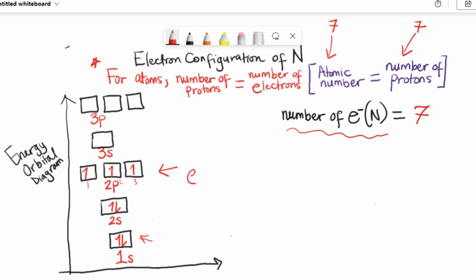So electron and electron, they're going to keep repelling each other until they fill up each one of the orbitals, and then they can now go on to pair up. But we don't have to pair up here because we've used all 7 of our electrons.